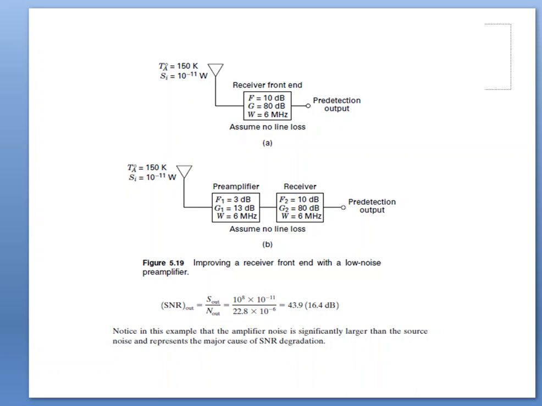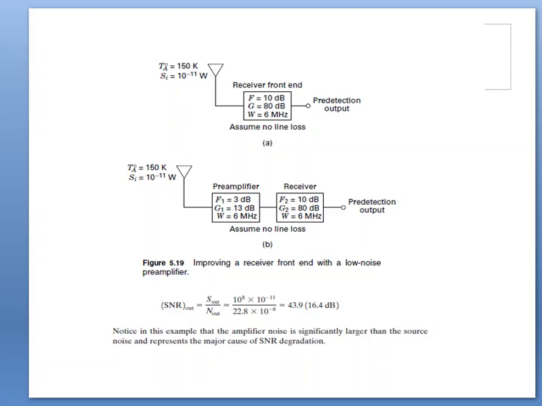We get F is equal to 10 dB, gain is equal to 80 dB, with a bandwidth of 6 MHz. With no loss, the pre-amplifier F1 is equal to 3 dB, gain is equal to 13 dB, and bandwidth is equal to 6 MHz, followed by the receiver.